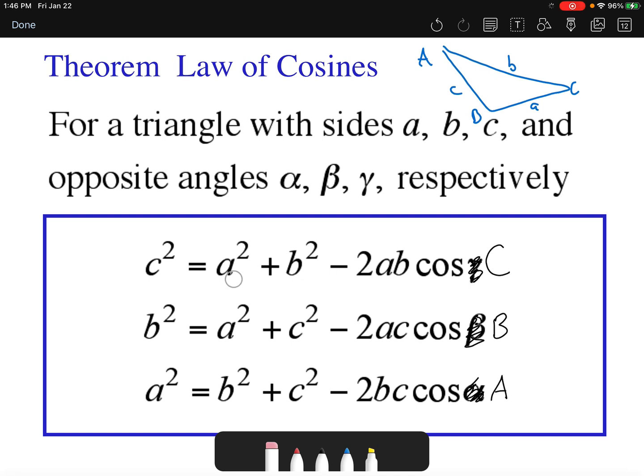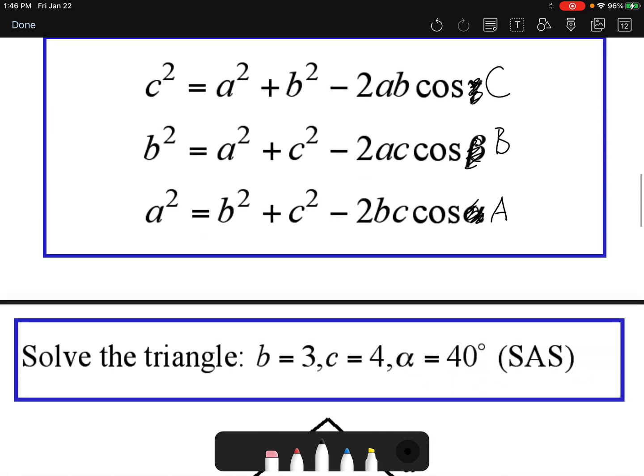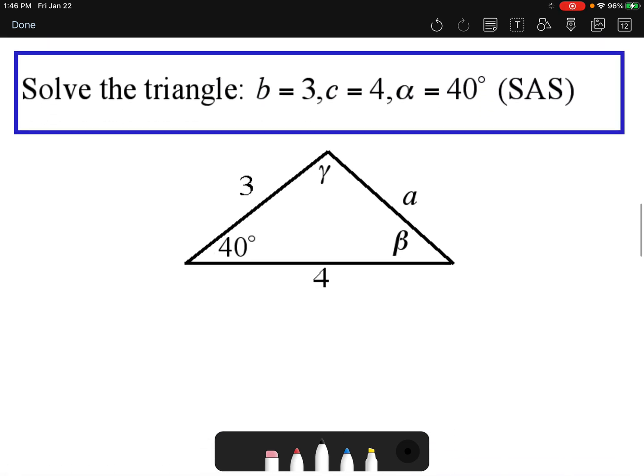So I think it's easier to just do a problem. I think it's much easier to look at actual problems here. So here we go. This one is a side angle side problem. So we know that we have a side of 3, an angle of 40, and a side of 4 next to that 40.